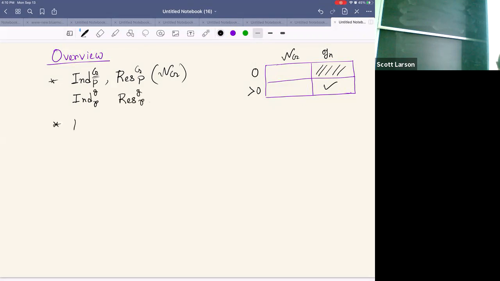Next is Lusztig's result. The rest of the talk will be about how to extend it, and under that, I will talk about some assumptions that we need.